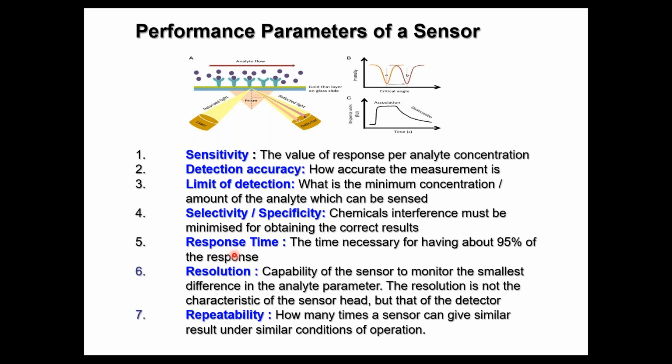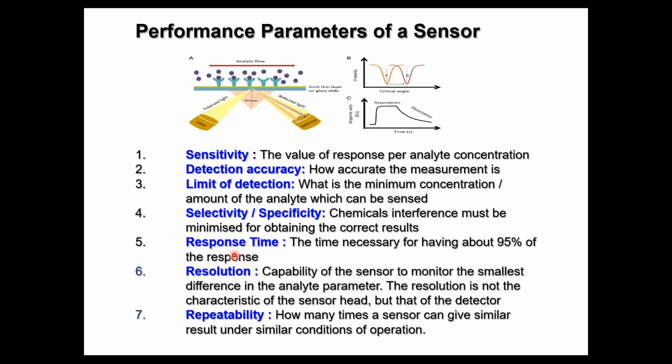Repeatability: how many times a sensor can give a similar result under similar experimental conditions. Reproducibility: the number of sensors manufactured on the same principle that have a similar response. So are you able to fabricate it again and again using the same principle?